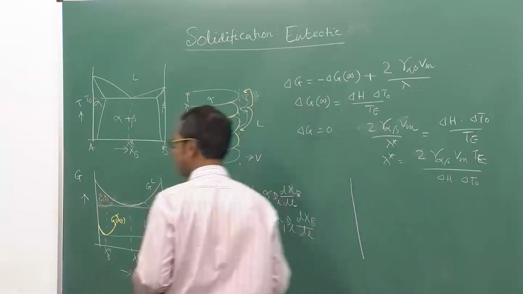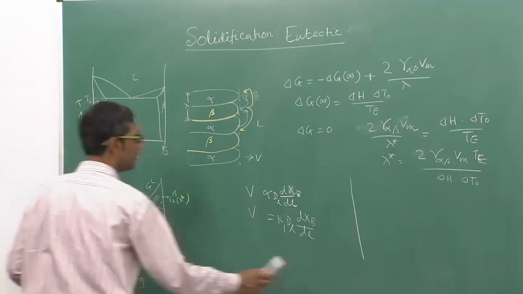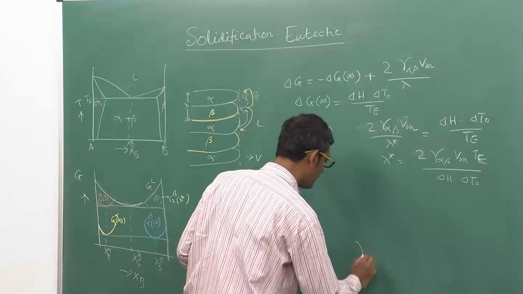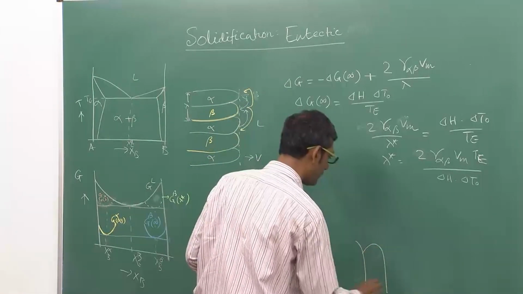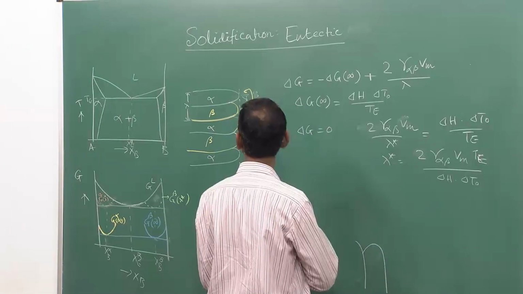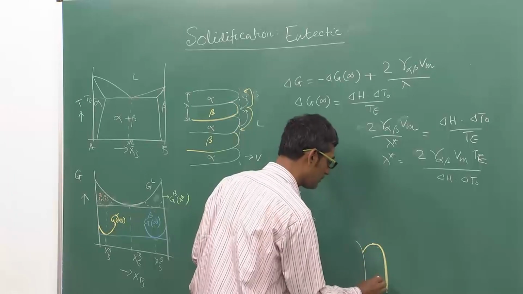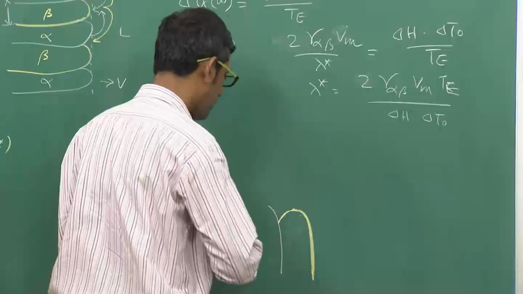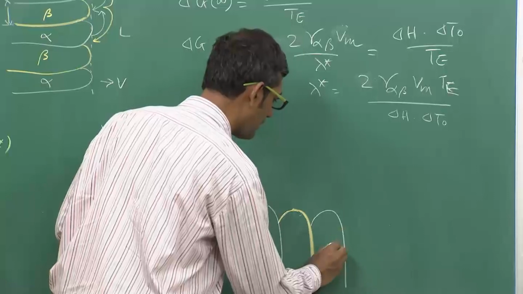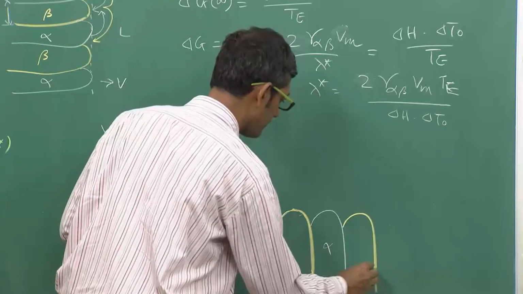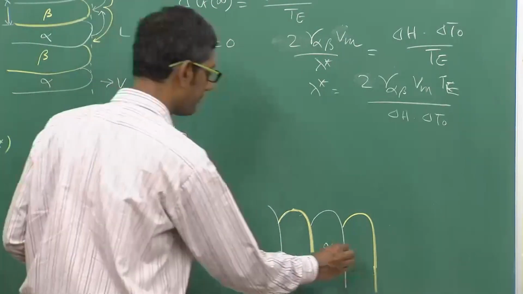Let me do it in a slightly different manner. What I do is I draw a diagram like that. So, that is your beta, then alpha, then beta again.